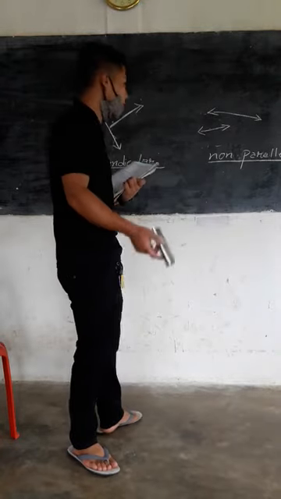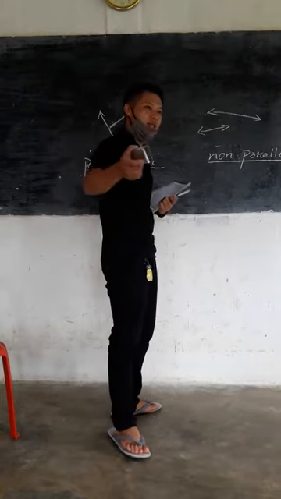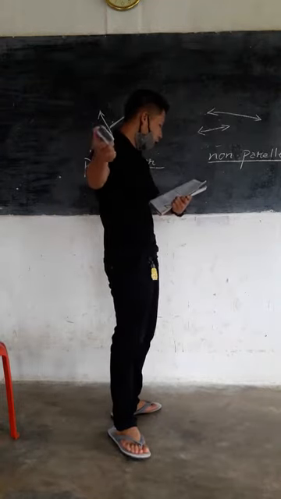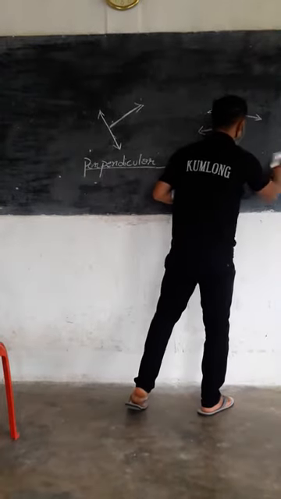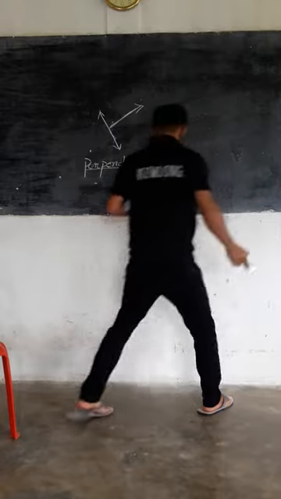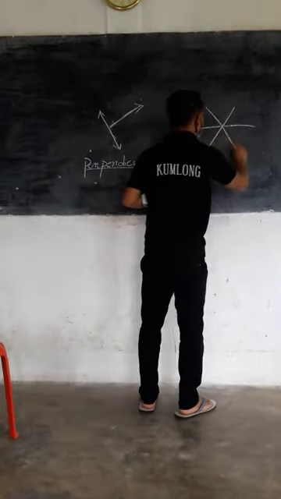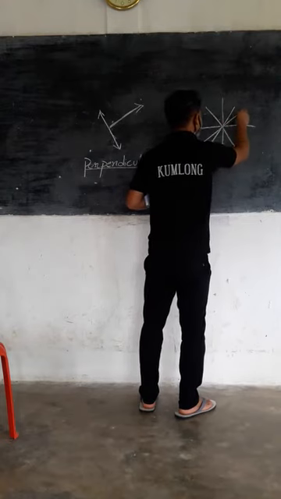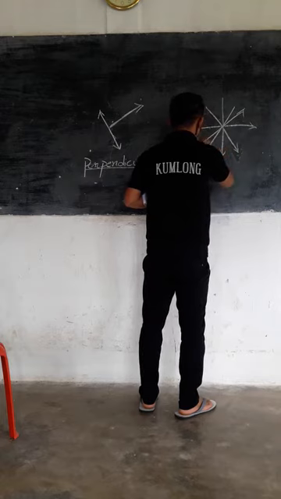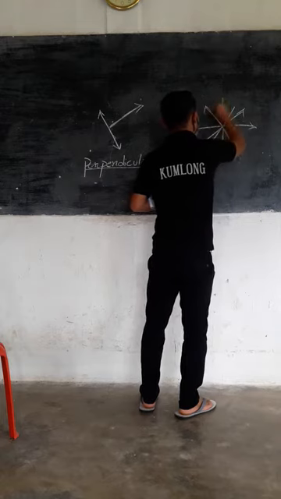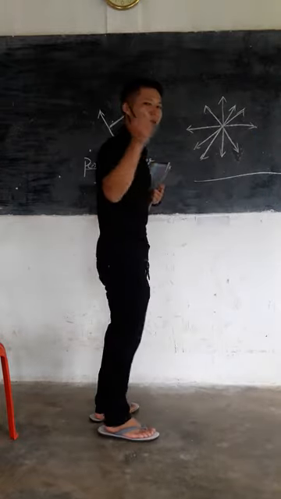Question number F we have already discussed in question number 4, number A. Concurrent lines. Multiple lines passing through a single point.